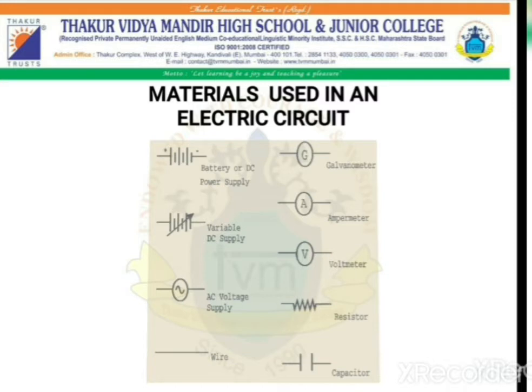Then, coming from up on the right hand side, the first one is galvanometer, represented as G. Then we have ammeter, which is represented as A. Then we have voltmeter, which is represented as V. Then we have resistor, which is represented with the zigzag line. And then we have capacitor, which is represented by two parallel lines.